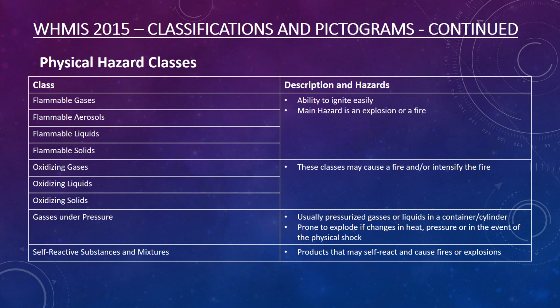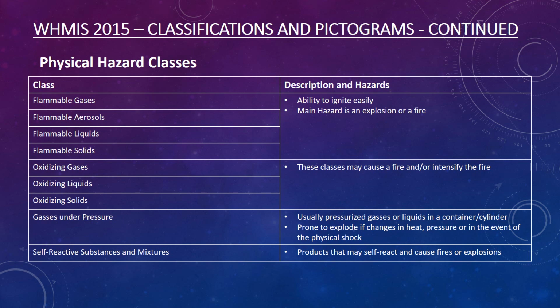Gases under pressure. Description and hazards: usually pressurized gases or liquids in a container or cylinder. Prone to explode if changes in heat, pressure, or in the event of physical shock. Self-reactive substances and mixtures.